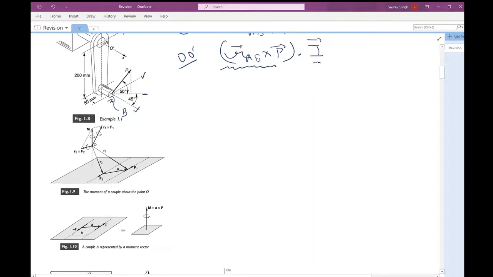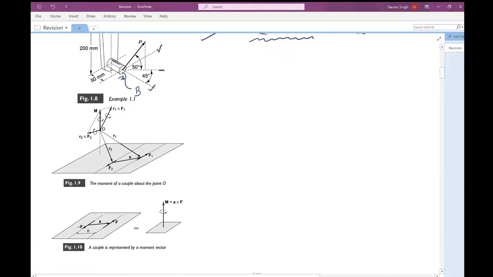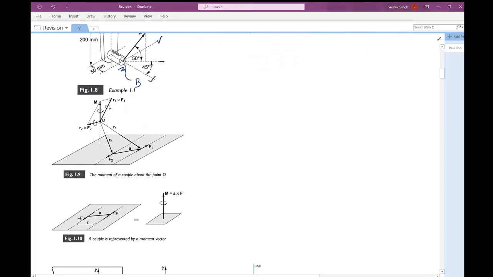Let's see this example, this diagram over here. Let's have a situation in which you have more than one force.